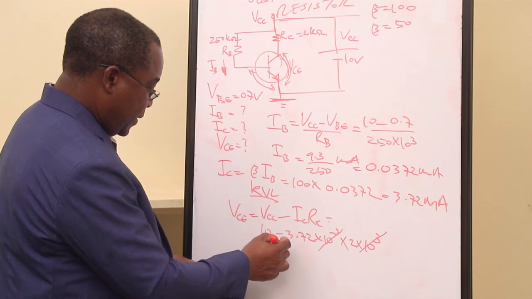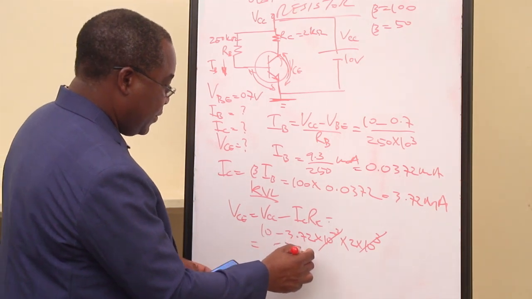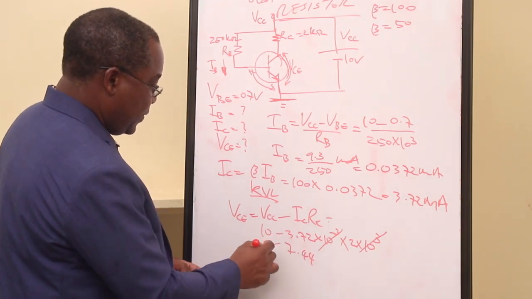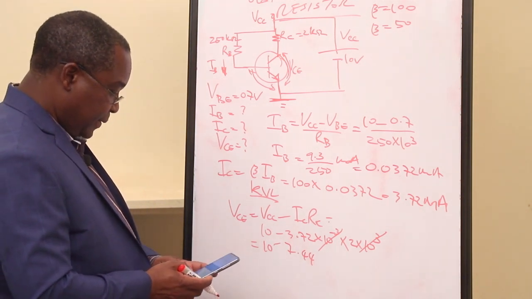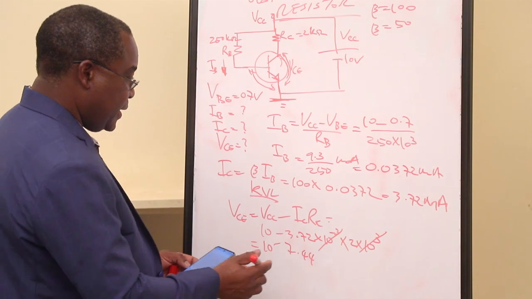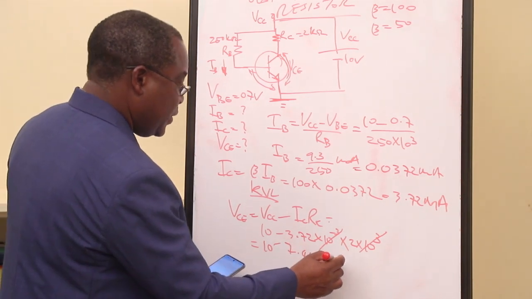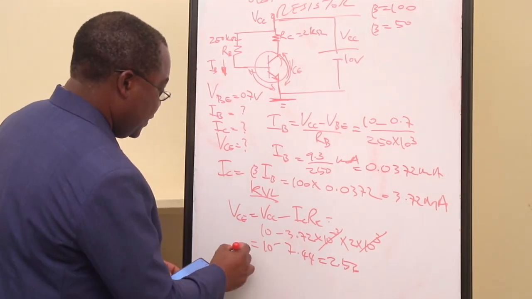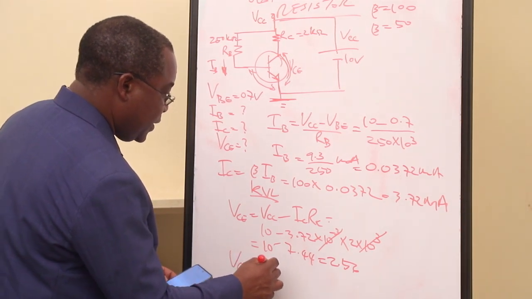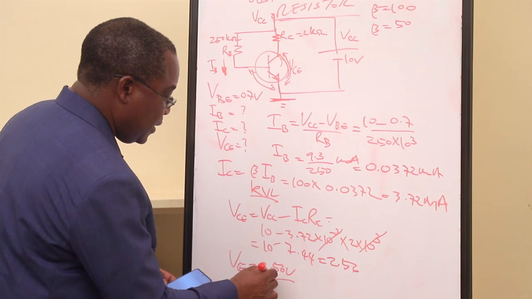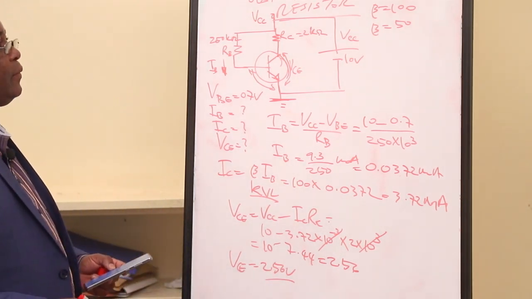We have here 7.44. And here we have 10. So if we subtract, we get 2.56. So our VCE is equal to 2.56 volts.